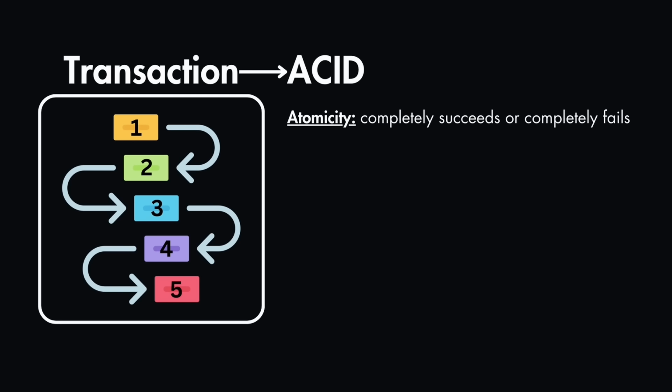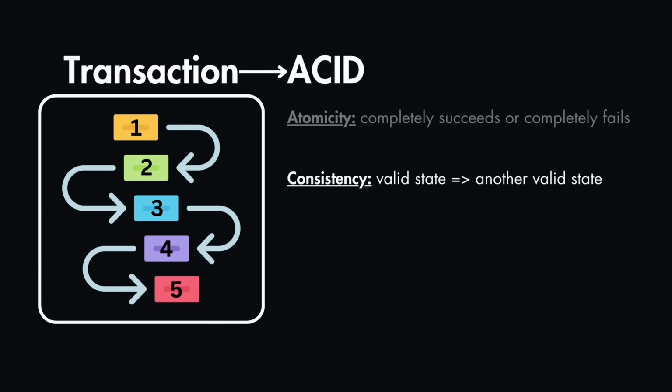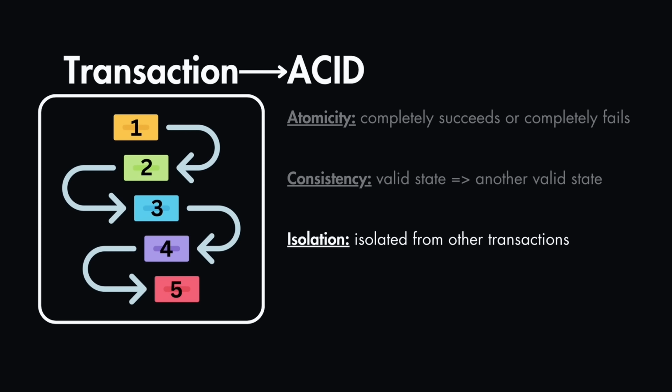So first of all, the transactions are atomic, which means that the entire transaction is treated as a single unit, which either completely succeeds or completely fails. Each transaction is also consistent, which means that it transfers the database from one valid state to another valid state. And they also come with isolation, which means that modifications made by concurrent transactions are isolated from one another and they don't interfere with each other.